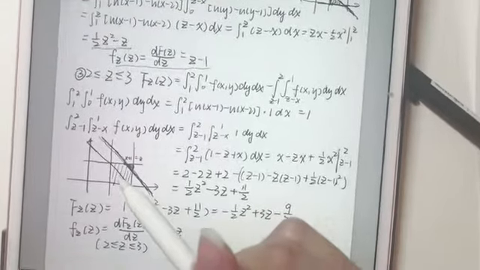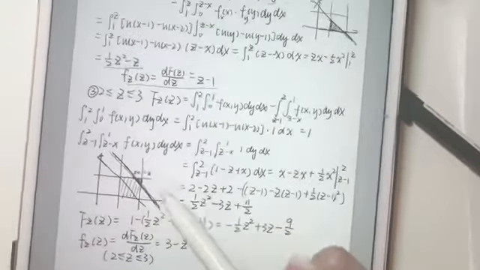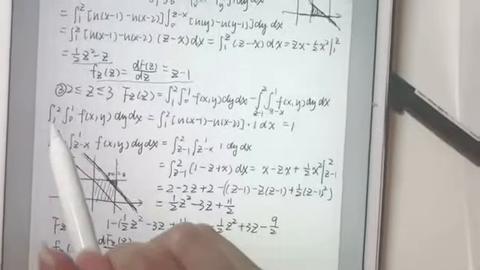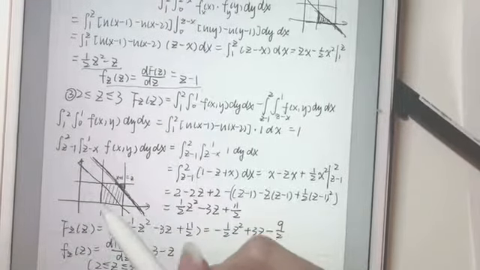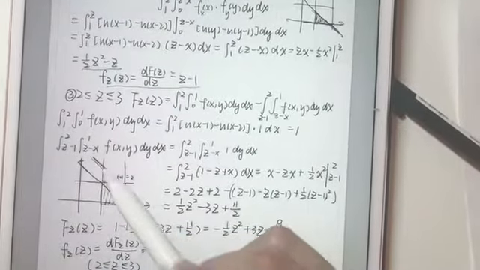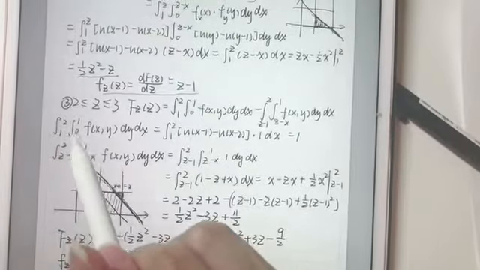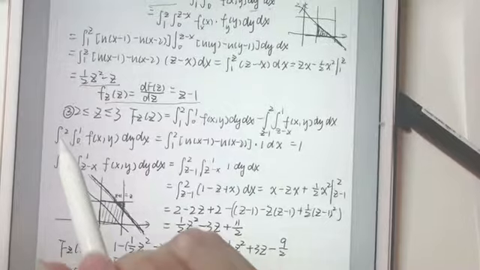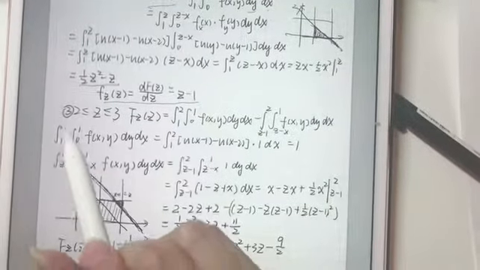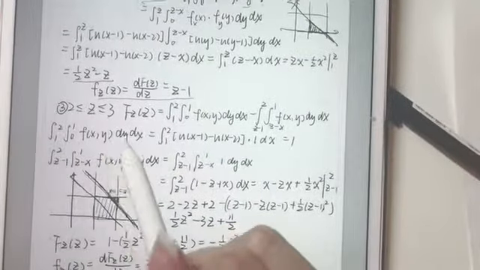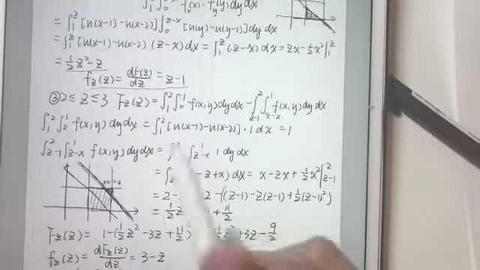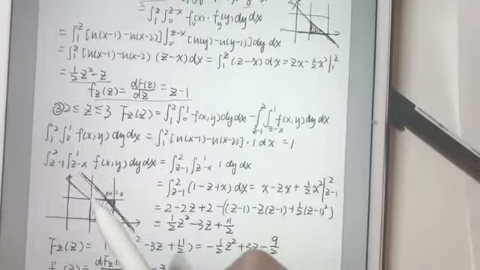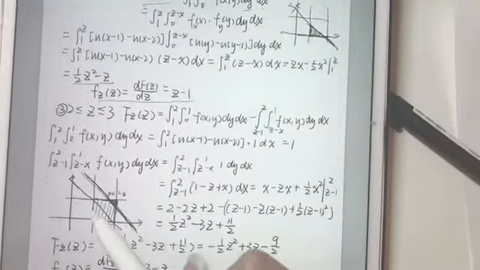So the integral of the square area is y between 0 and 1 and x between 1 and 2, fxy dy dx, and we get the integral of the square area.